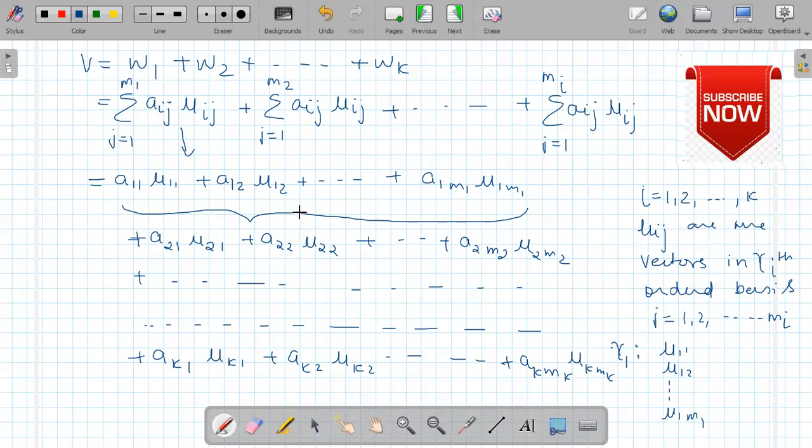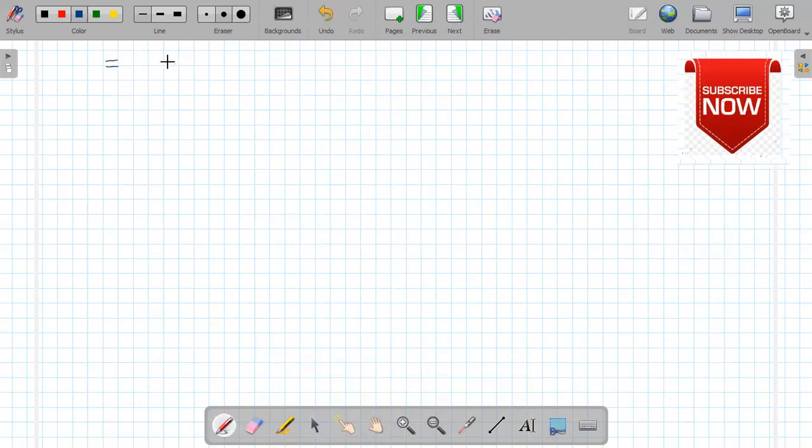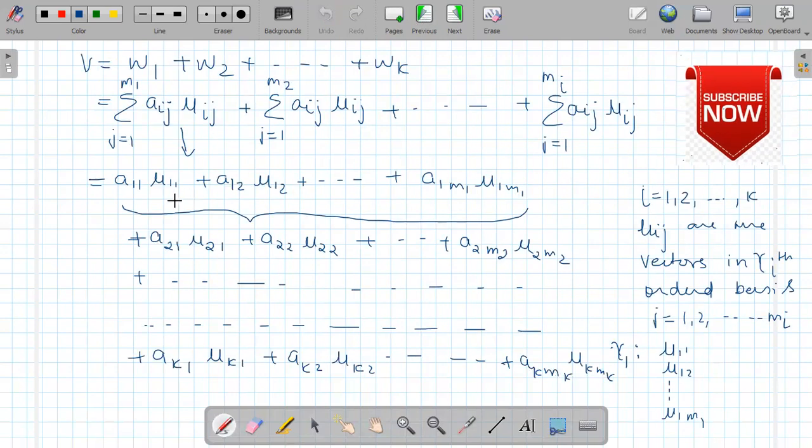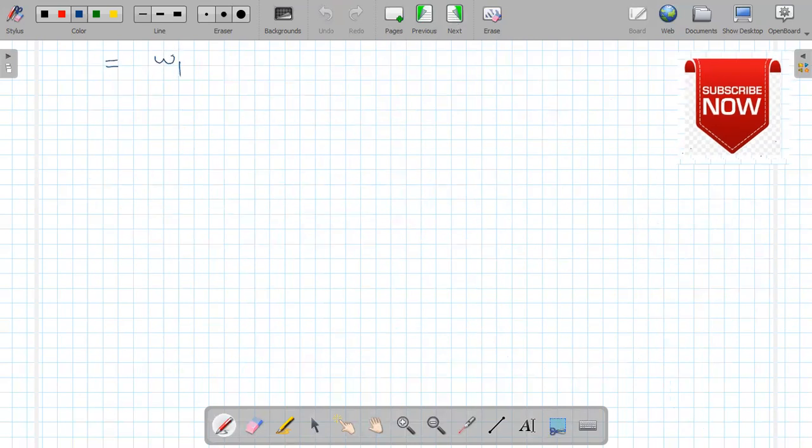and if I denote this sum by any of the element of the subspace W1, suppose that element is say W1, ये कोई भी एलिमेंट हो सकता है ये, मैंने randomly suppose W1 लिया है, then for second summation let it is W2, and for last one it is say Wk.